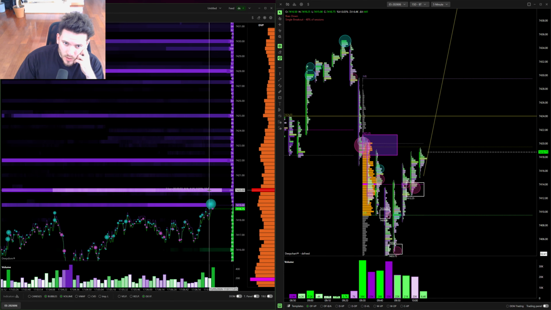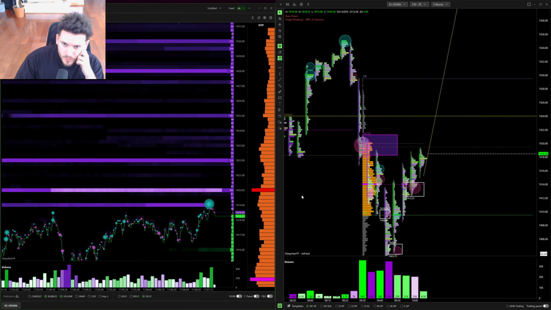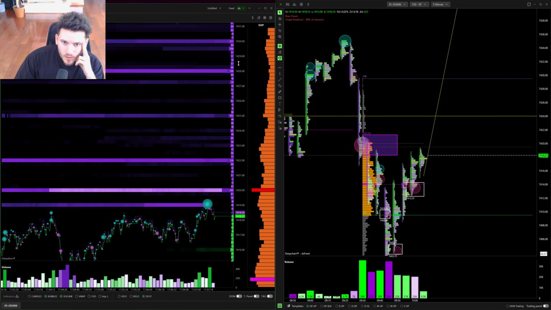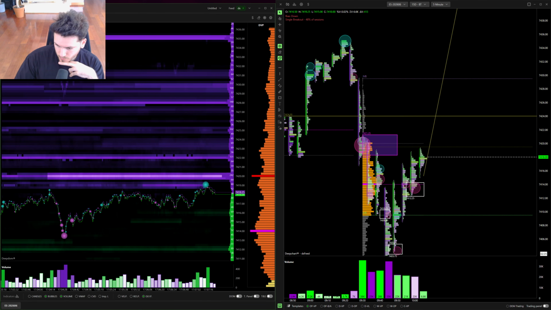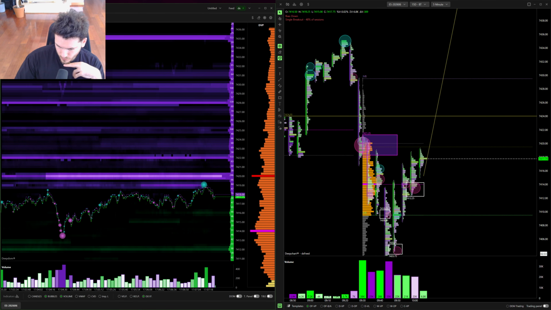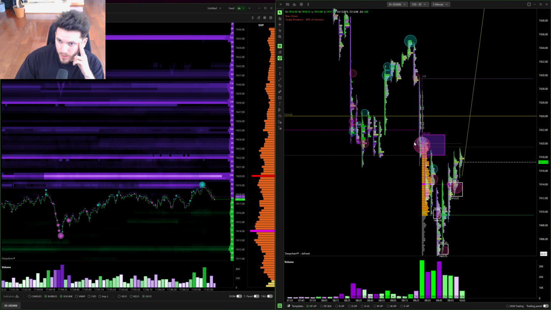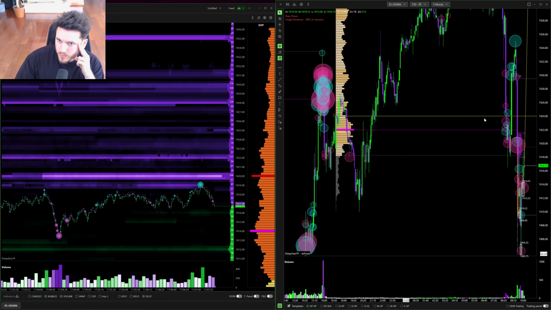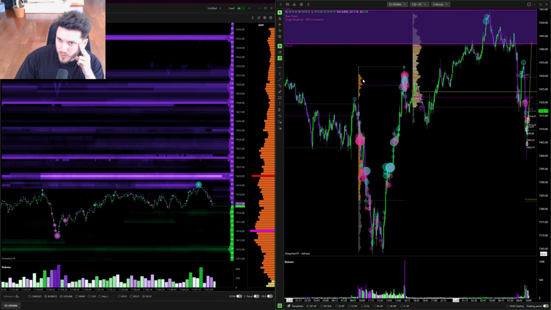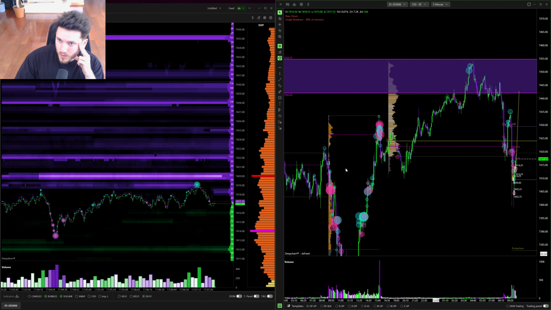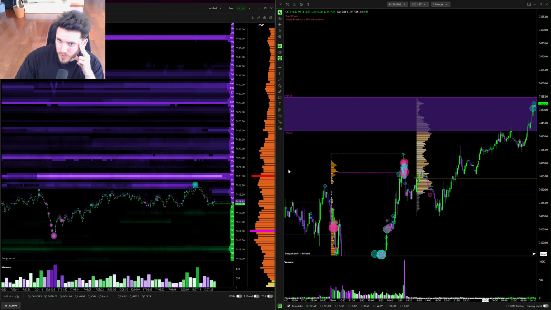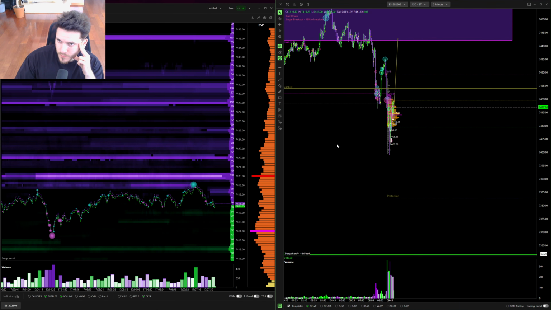Let's see if we take the next one. Previous day value area high. Got it. Previous day value area high is somewhere above here. Yeah.